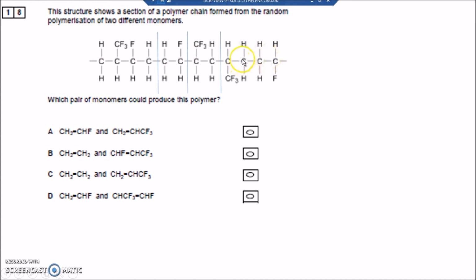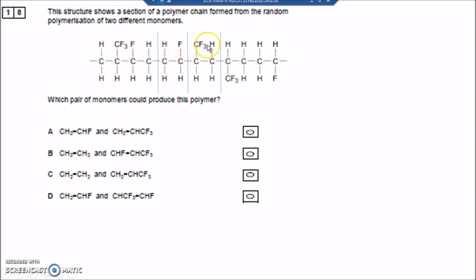This has been an addition polymer, where short unsaturated monomers with double bonds have broken the double bonds and all joined together. What you've got to do is spot the linkage, spot where the links are, the repeating units. So let's have a look at the repeating units.